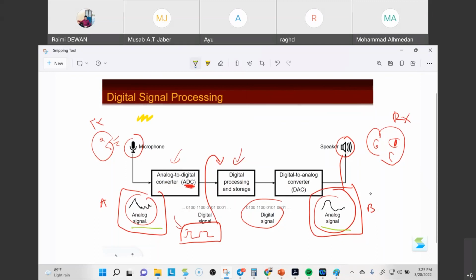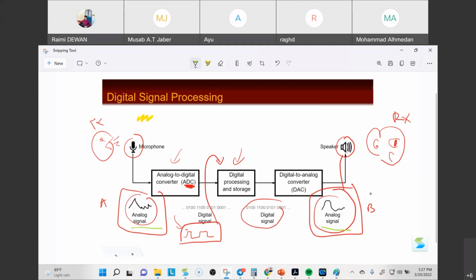So this is one of the disadvantages of using digital signal, because it cannot 100% recover your signal. Because it is doing the sampling. So in the end you have something almost similar to your analog but not 100% accurate.